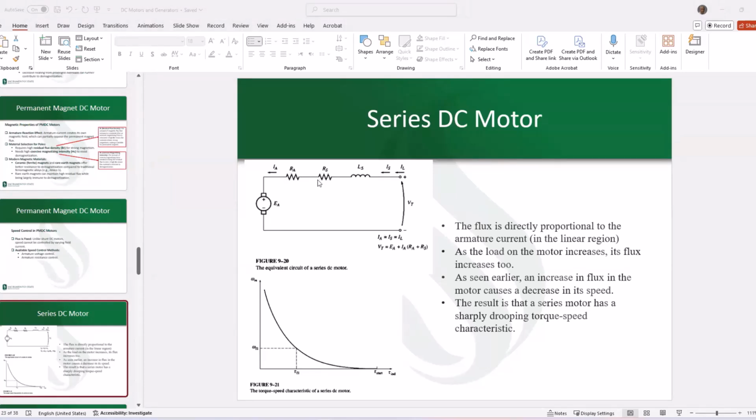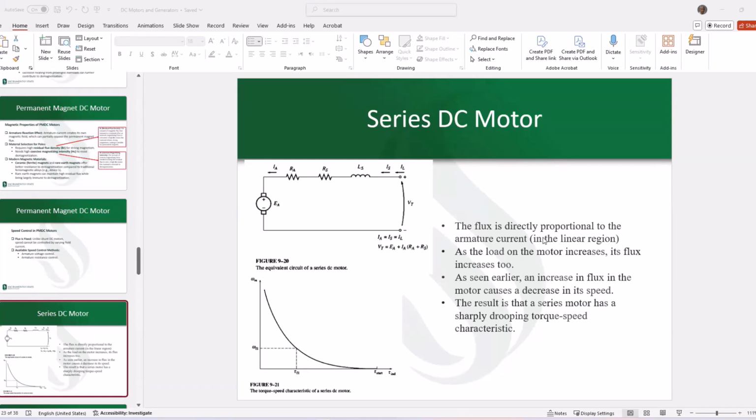This is R_S, which is the resistance of the excitation circuit, and this L_S represents the inductance associated with the excitation circuit. And V_T would be the terminal voltage at this point. So the load current would be the same as the series circuit current, which would be the same as the armature current in this type of machine. And this is a very simple circuit, as you can see.